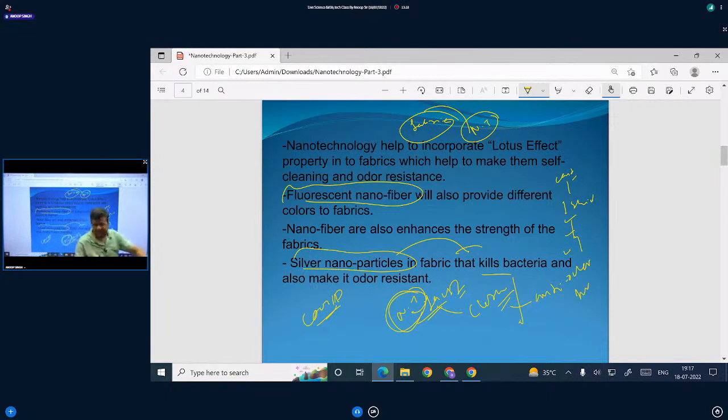But with the help of nanotechnology fiber, they have the self-cleaning property, they are odor resistant, they also help to kill microorganisms, and they also have the ability to produce different colors. So these are the new properties built into the fabric with the help of nanotechnology. Got it? Good.